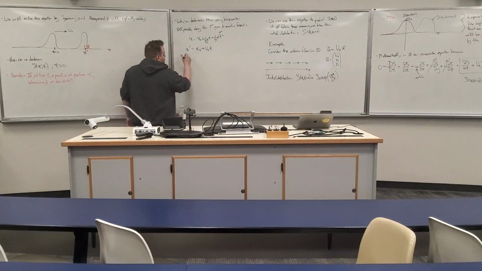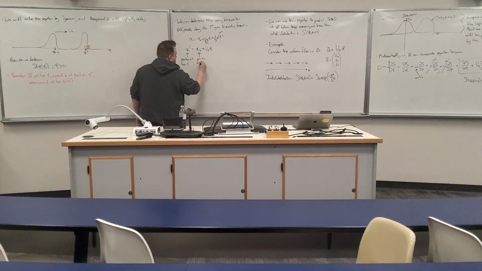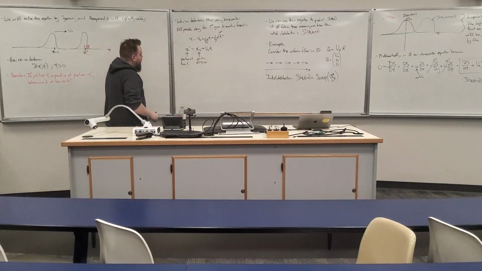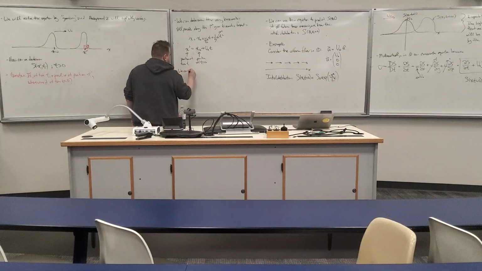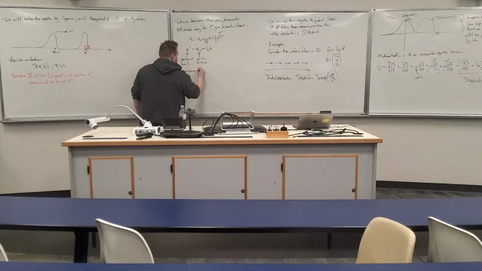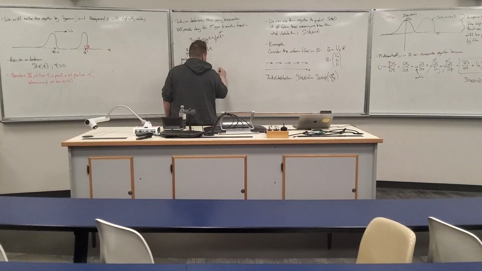So this is the position at time t, and this is the position at t equals 0. So we can rearrange and write x naught is just x prime minus u naught t.